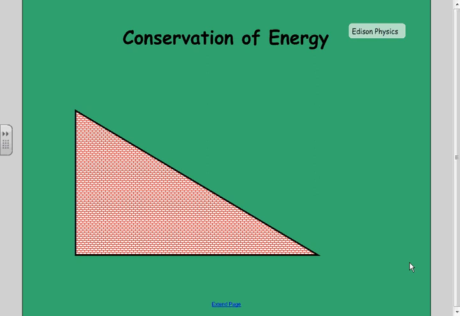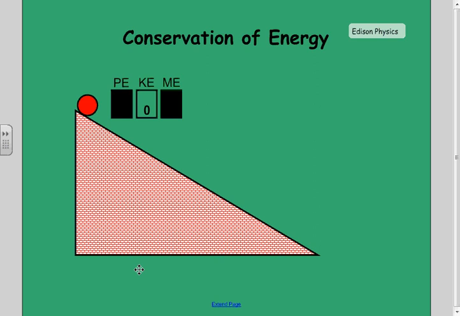We know that objects can have either potential energy or kinetic energy, and that we call the sum of those two energies mechanical energy. So let's think about a ball that's being placed at the top of a ramp. You can see the ramp. Here's the ball.